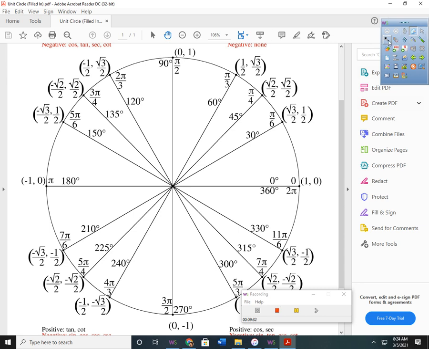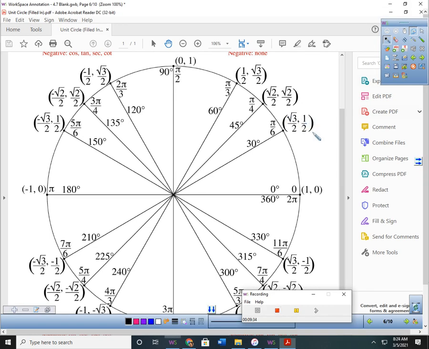So for instance, if I took 1/2 and divided that by square root of 3 over 2, that would be multiplying by 2 over the square root of 3, which would give me 1 over the square root of 3, which simplifies to square root of 3 over 3. This is 1. And then this one would just be the square root of 3. So if you have those written down, then you don't have to constantly keep dividing the y by the x. So this would be a tangent value of square root of 3 over 3. I'm looking for a tangent value of square root of 3, which would be the pi over 3.